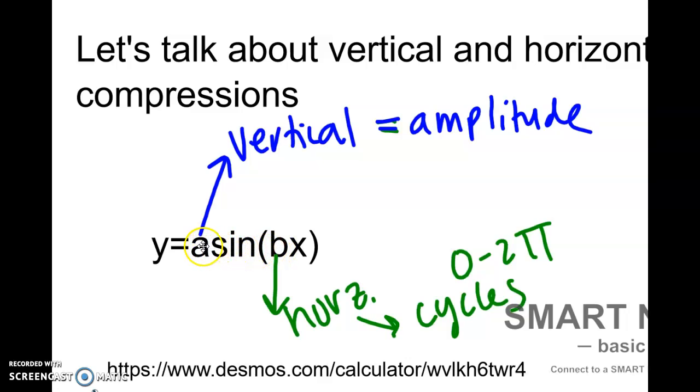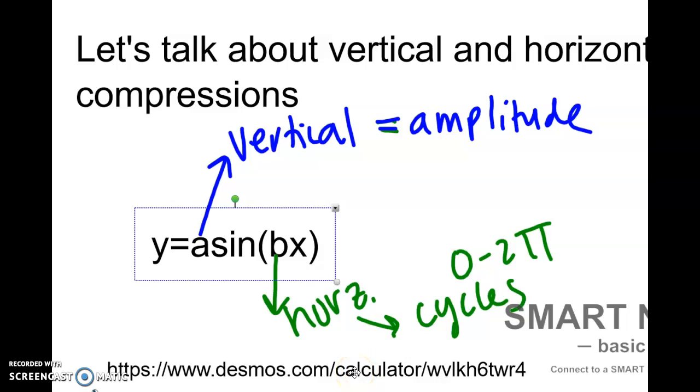That's where those come from. A, and you might want to make a note of this, represents changes vertically, or in the amplitude. And B, the coefficient in front of x, makes changes horizontally, or with the cycle. So A is going to change the amplitude and B is going to change the cycle.